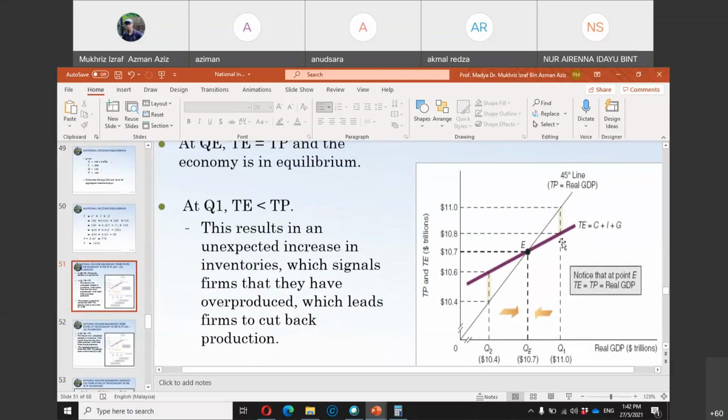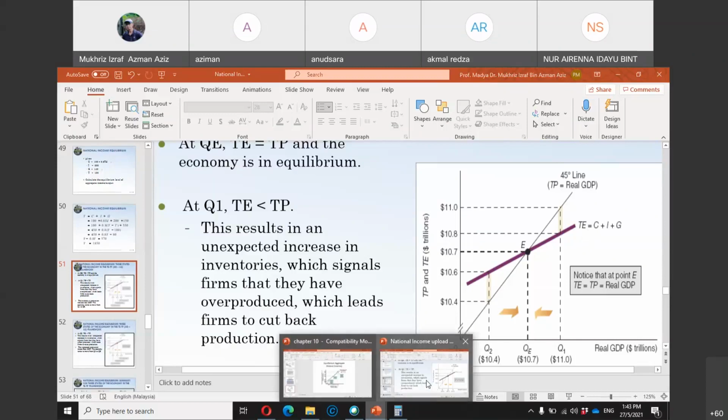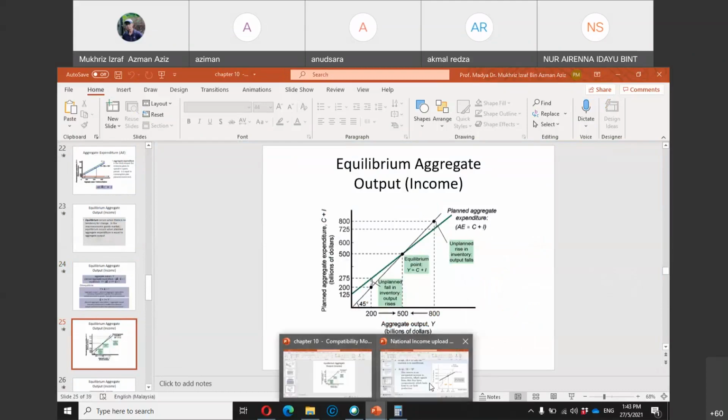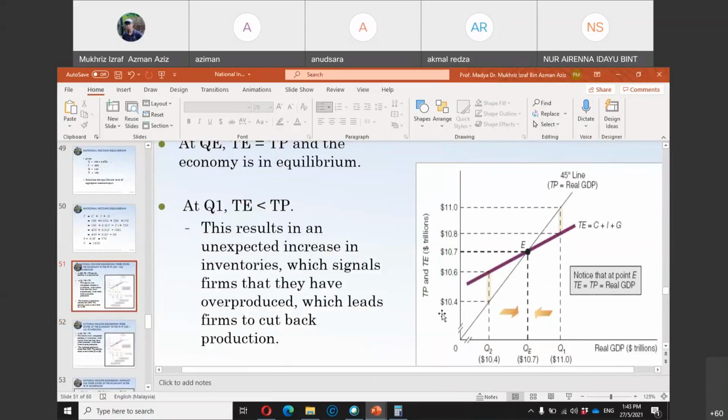As long as you understand the difference between two sector and three sector: whenever you see component G here, that refers to a three sector economy. But when you only use C plus I, as we discussed last Monday, that is a two sector economy. So please get your understanding correct when it comes to two sector versus three sector.